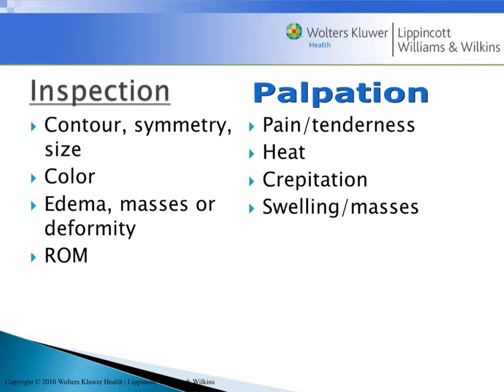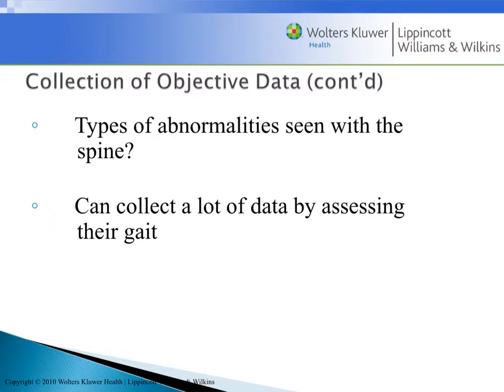You can apply these to pretty much all of the joints, so therefore I'm not going to go into neck, spine, elbow, hands, because I would be repeating myself on each of those. These are the assessments we're going to do for those. So, talking about the spine, there's some abnormalities.